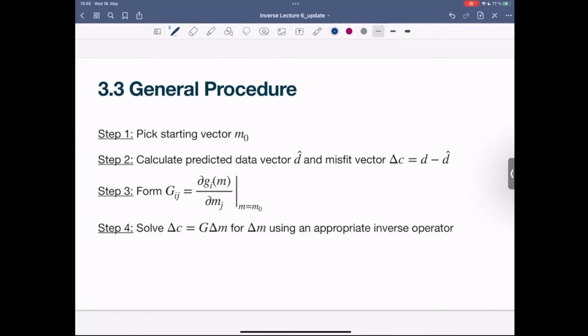We then solve for delta c equals G times delta m using an appropriate inverse operator. And in the last step, we form the new model parameter vector M1 equals M0 plus this delta m we just got from solving this problem.